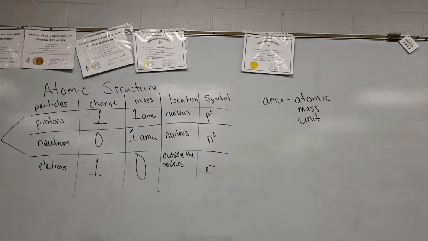Electrons are fundamental particles, so you can't get any smaller than that. They don't have constituent pieces.